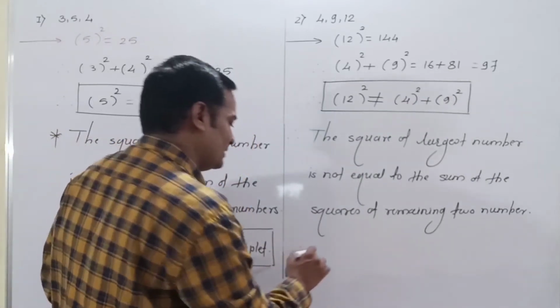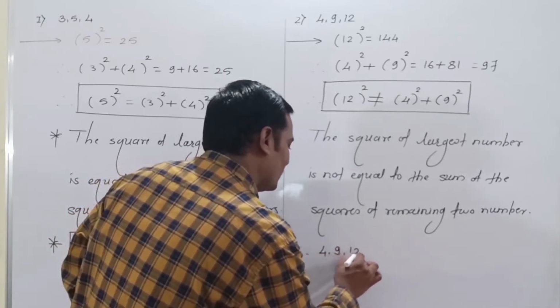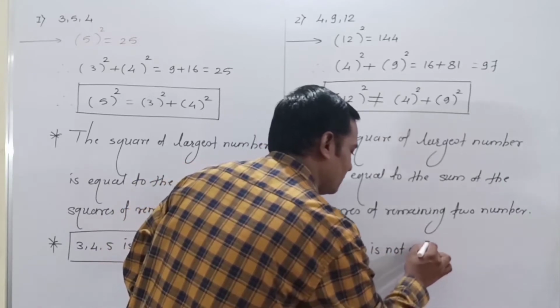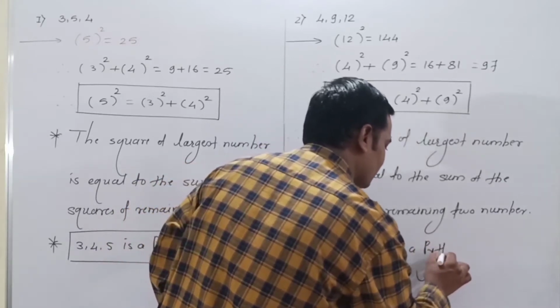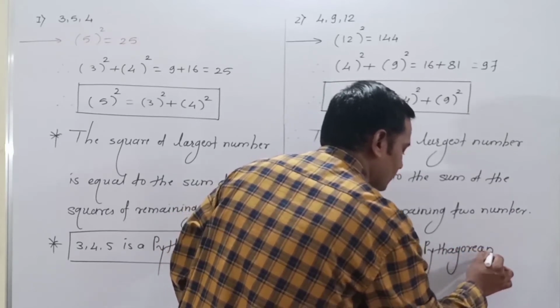Therefore, we can write that answer: 4, 9, 12 is not a Pythagorean triplet.